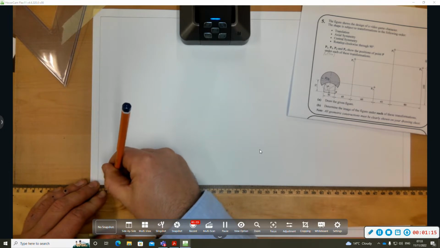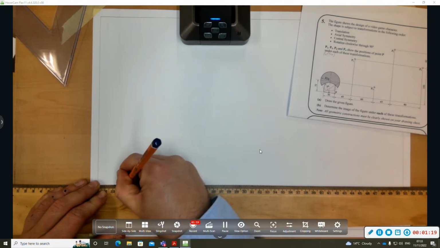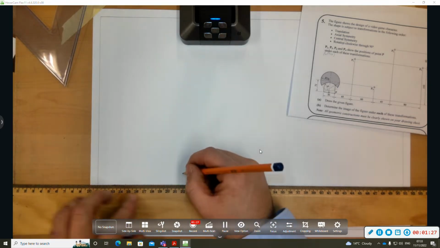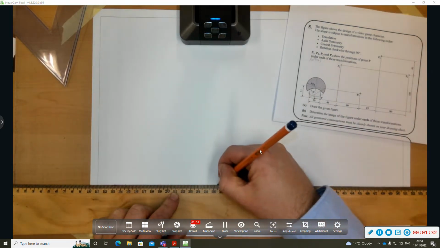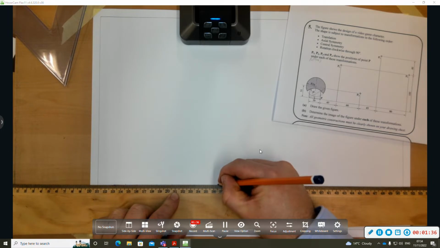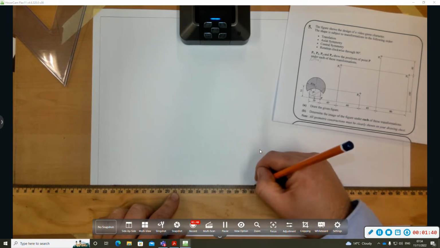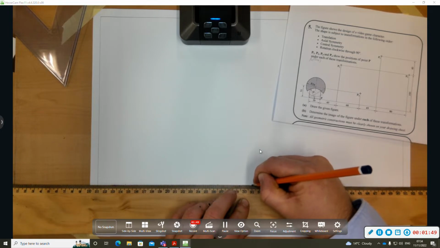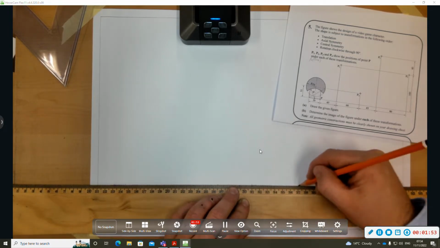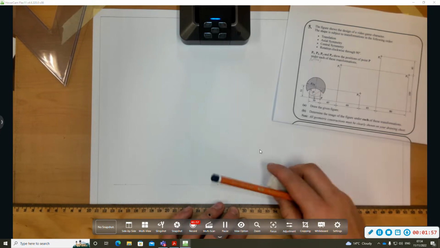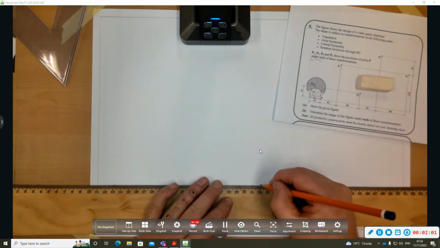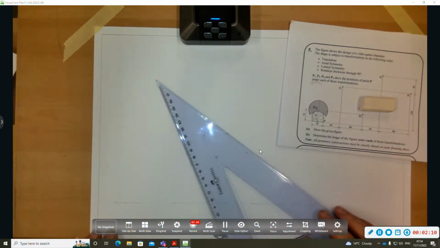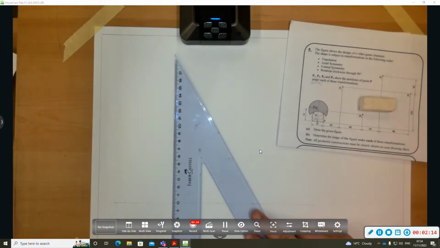So I'm going to set out the points in their respective positions. So P1 is across 45 from P, and okay, P2 will be across, I think it's 60. Okay, P3 will be 45 across, and I think P4 is 80 there.